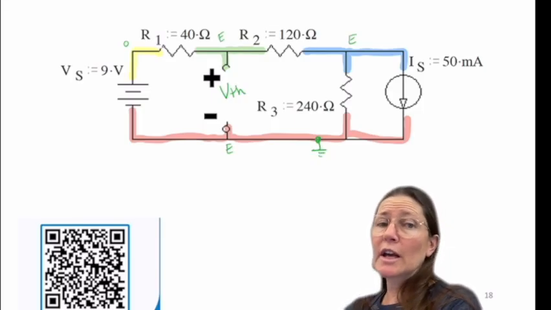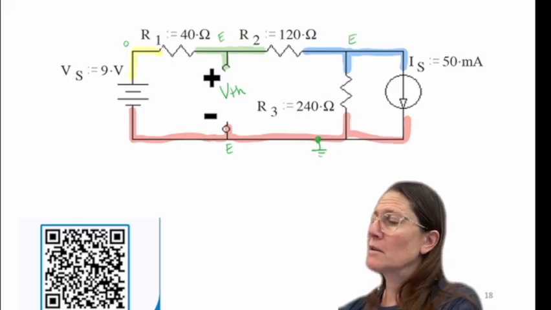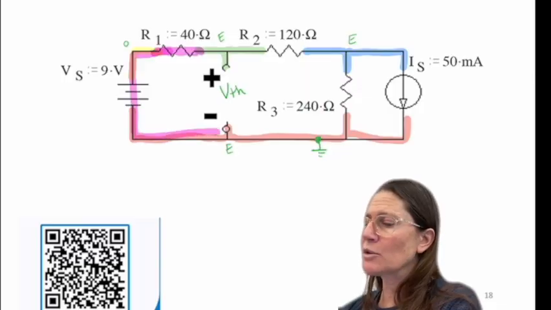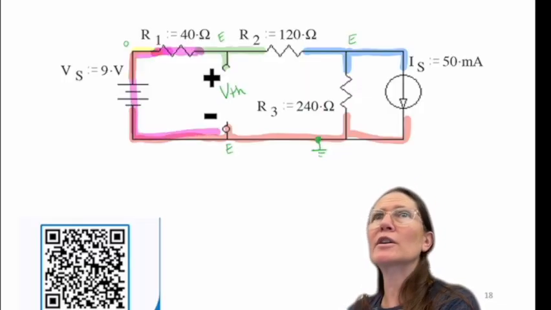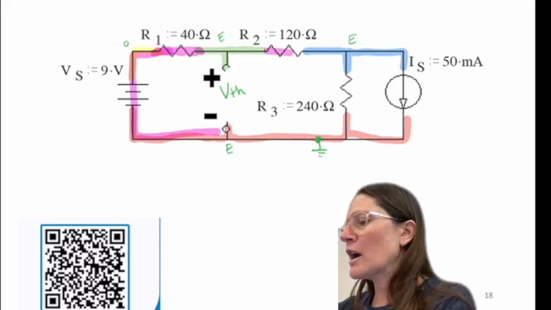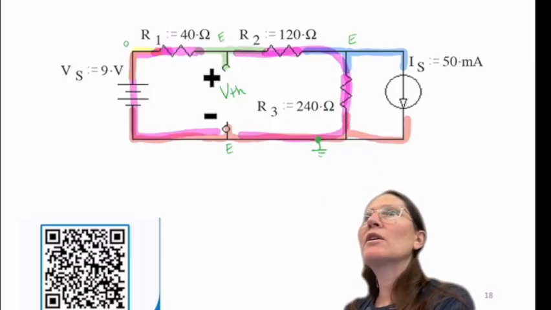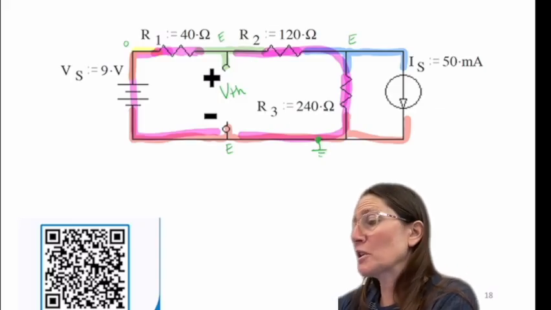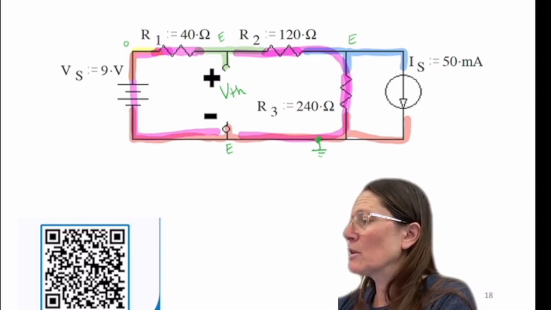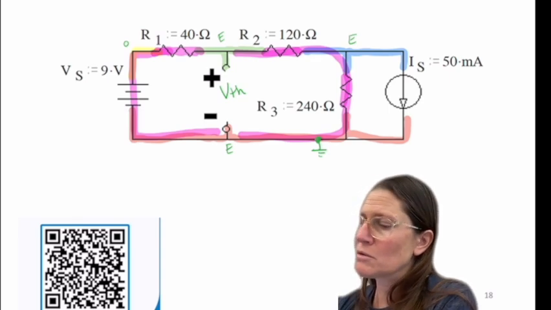Here, again, I can find the voltage across R1 and then use the 9 volts to get to that value. Or I can find the voltage across this one and this one, which is going to give me the pathway here. So either way, I can find that voltage. I'm going to arbitrarily pick one of those.